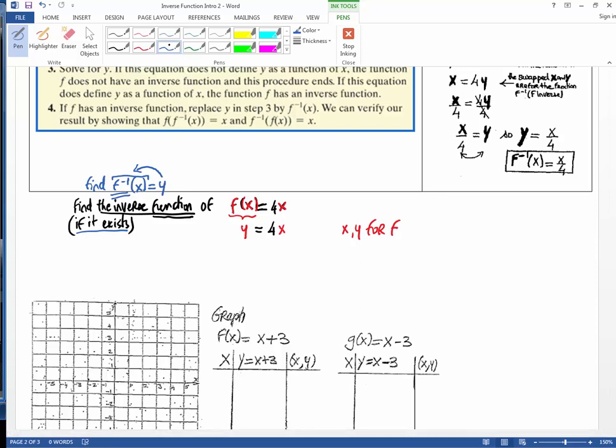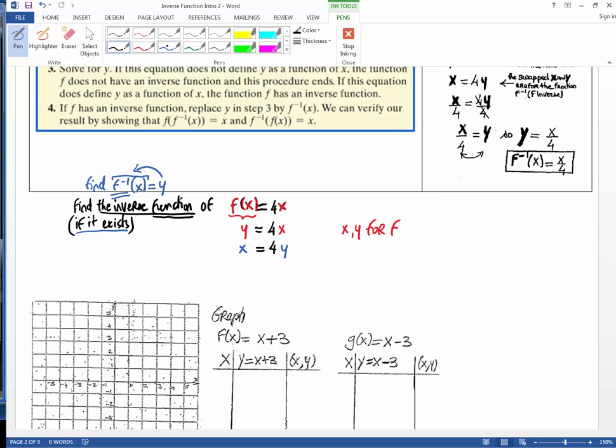So what I have is red x, red y for f. Wherever I have a red y, I put a blue x, and wherever I have a red x, I put a blue y, and everything else stays the same. So make sure I did a good job changing a red y into a blue x and a red x into a blue y, and you do that wherever it occurs.